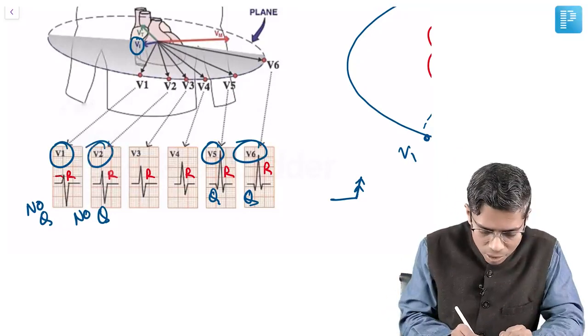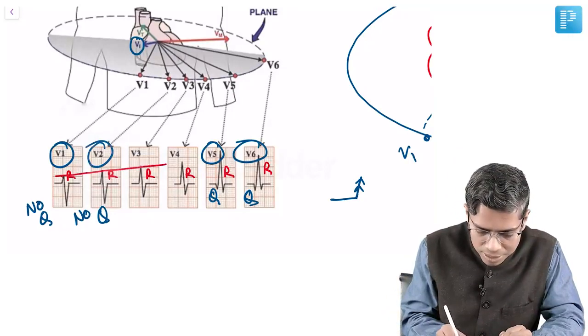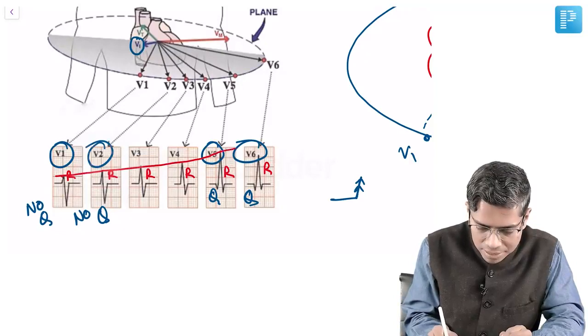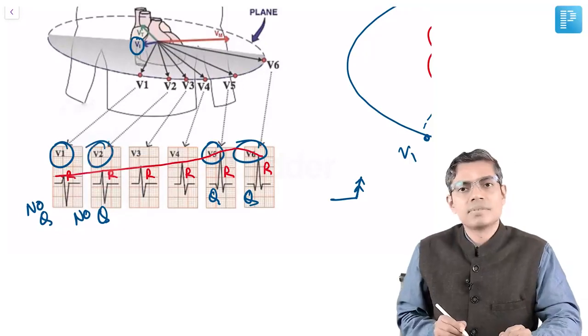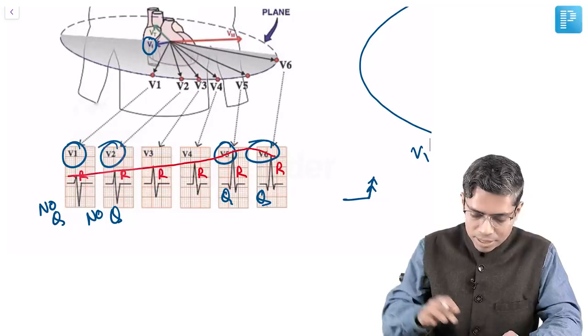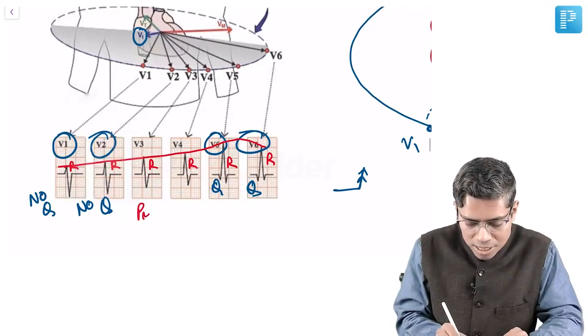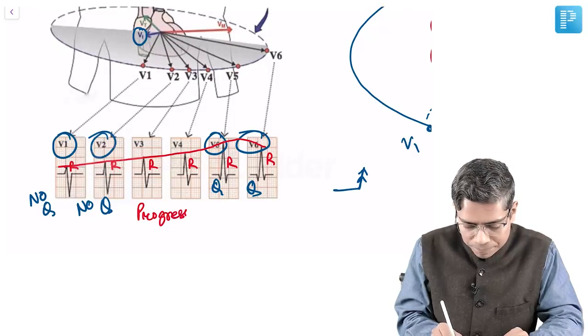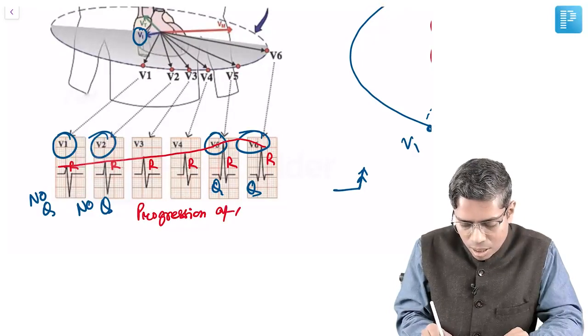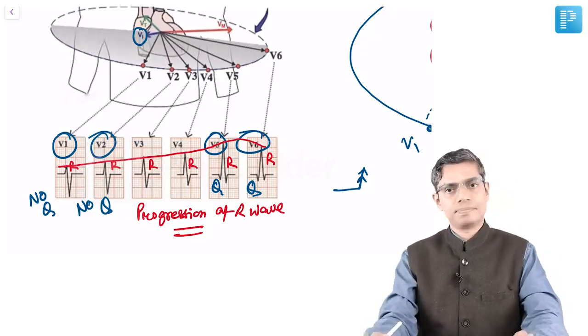So the height of the R wave is gradually rising like this, and a little decrease in V6. This gradual increase in height of the R wave is known as progression of R wave towards the left side of the leads.